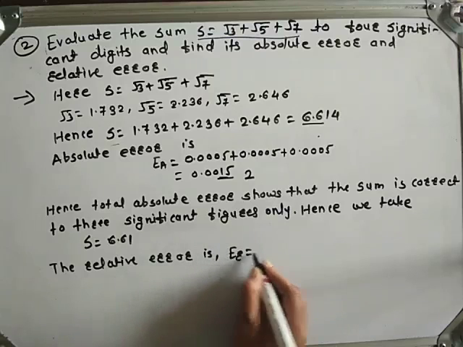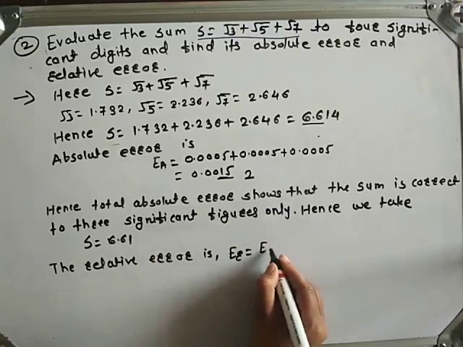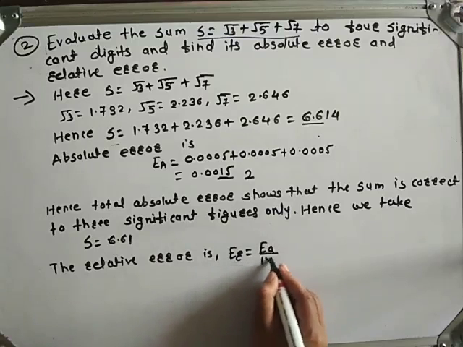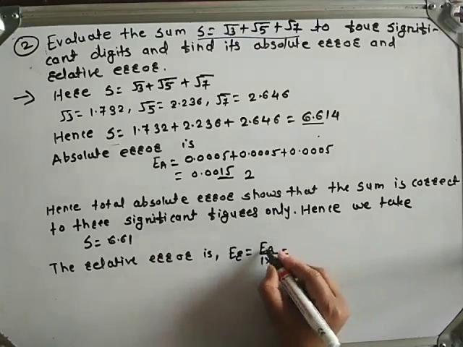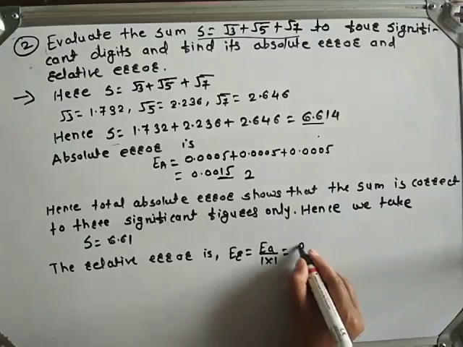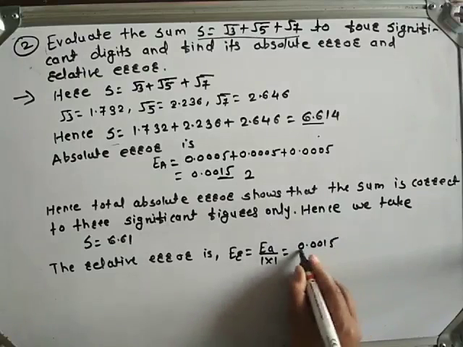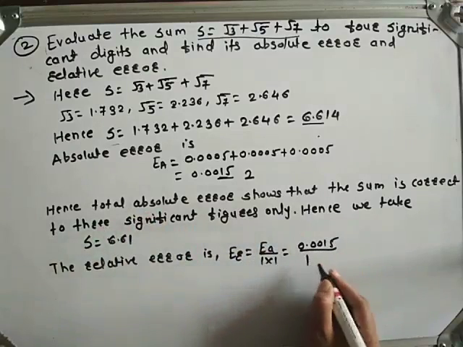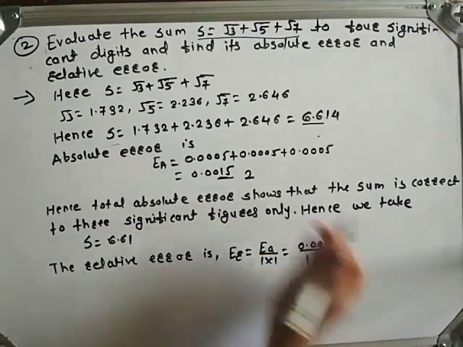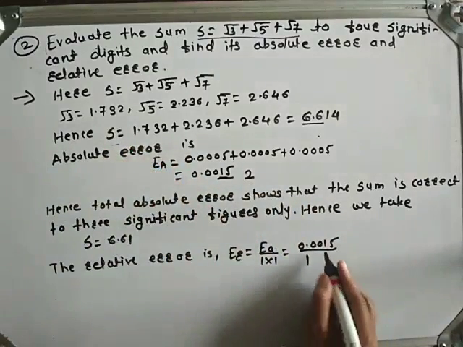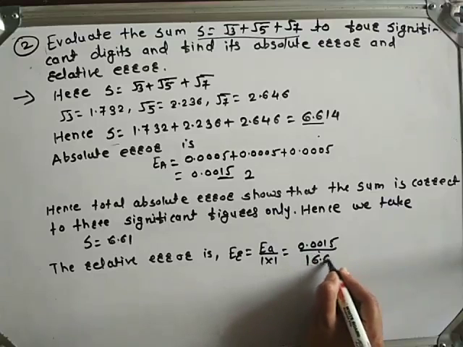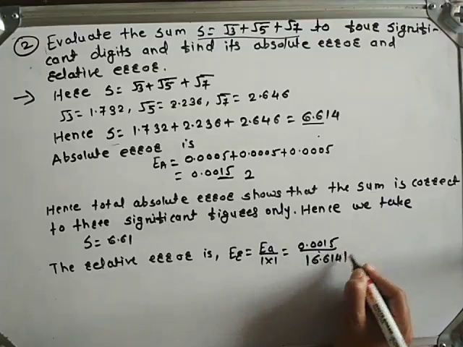The relative error is denoted by ER, which is equal to EA upon mod X, which is equal to, what is EA, 0.0015 upon mod X, which is nothing but here is S, 6.614.